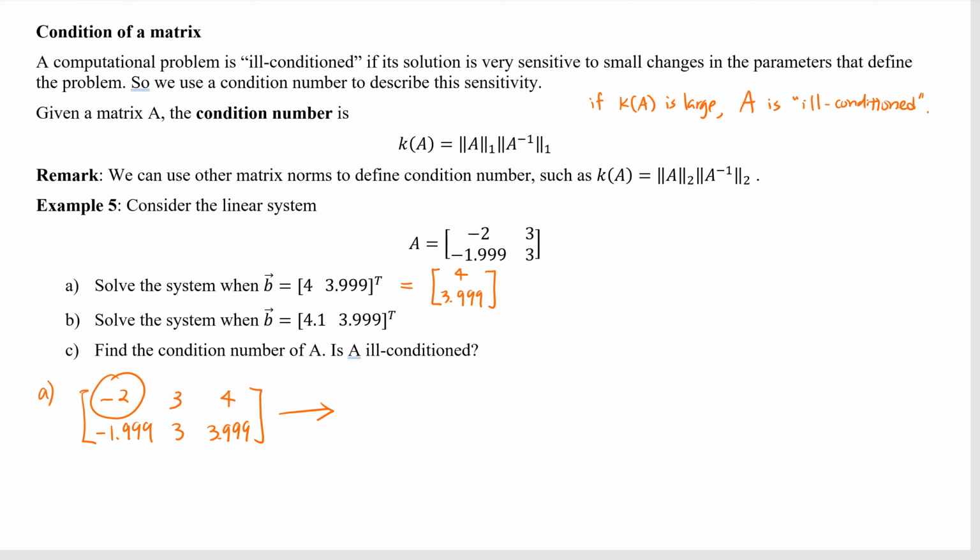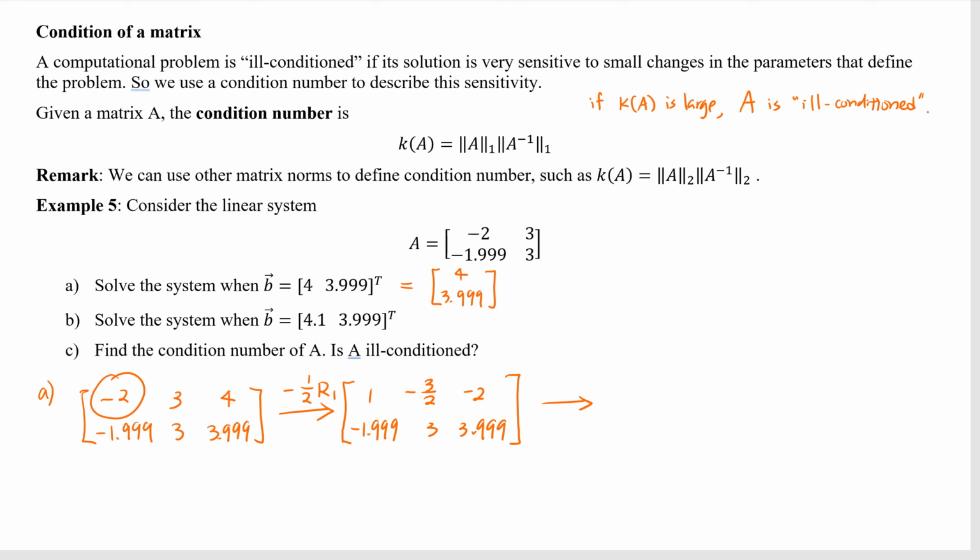Here we have to divide row 1 by -2, and even though we try to avoid fractions, in this case we have to. Then we have 1, -3/2, and 4 divided by -2 is -2. The second row stays the same.